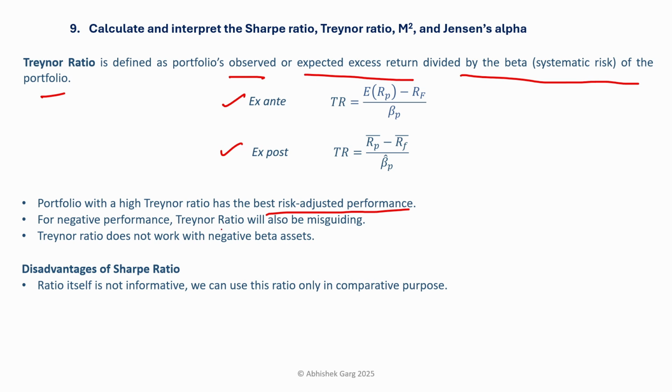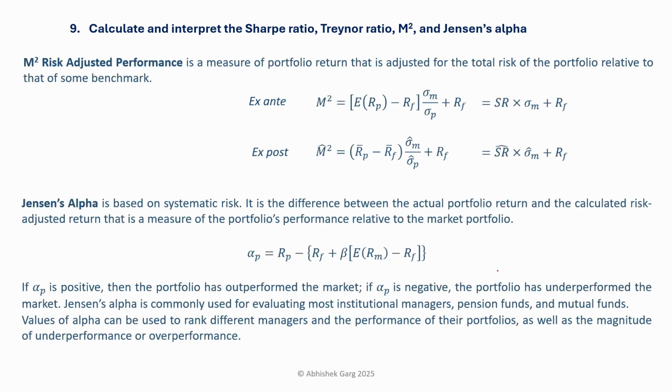For negative performance, the Treynor ratio will also be misleading. The Treynor ratio does not work with negative beta assets. If your beta is negative, the Treynor ratio will not work for you. Now, what are the disadvantages of the Treynor ratio? Similar to the Sharpe ratio, the ratio itself is not informative. We can only use this ratio for comparative purposes.